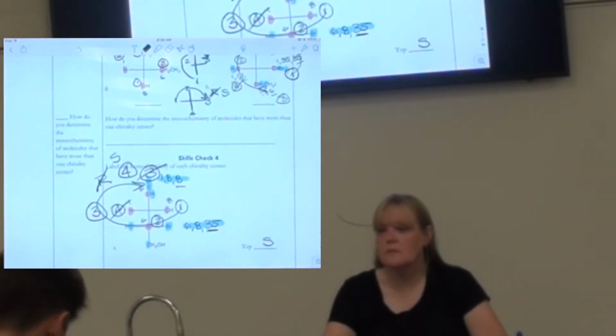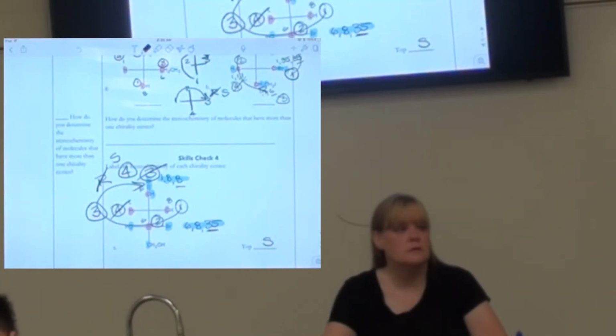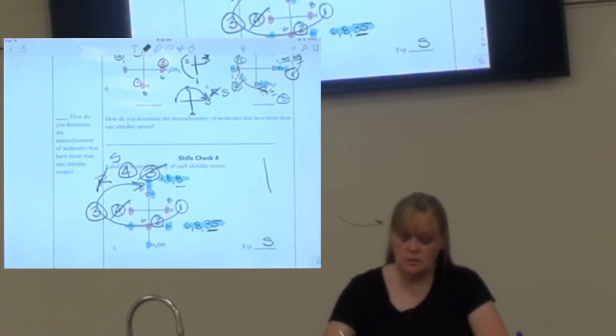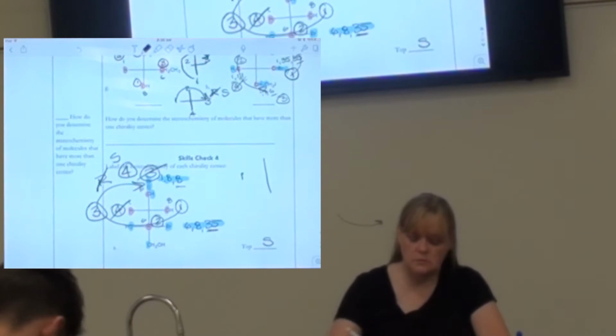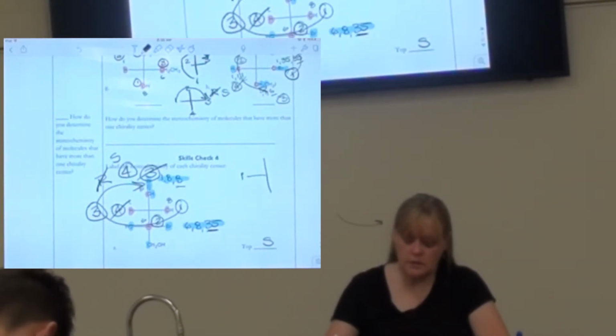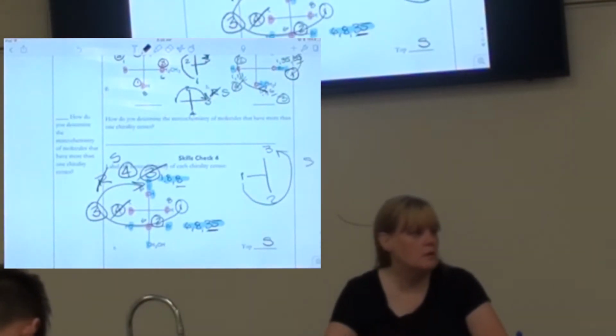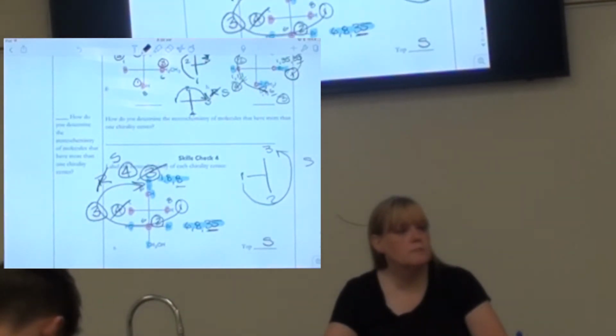Or if you wanted to, you could twirl everything around to put number 4 in back. So you're moving that over here. This is 3, 2, 1, 2, 3, S. If you want to twirl it.